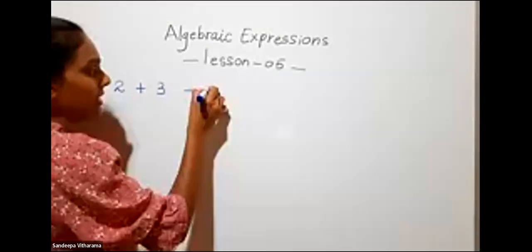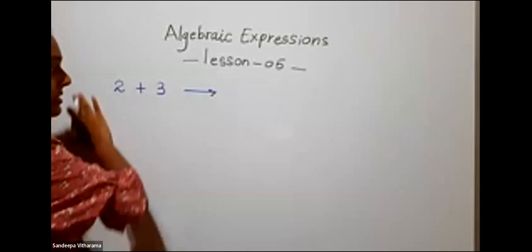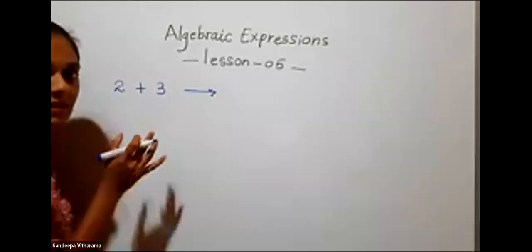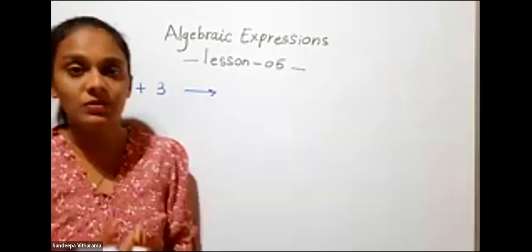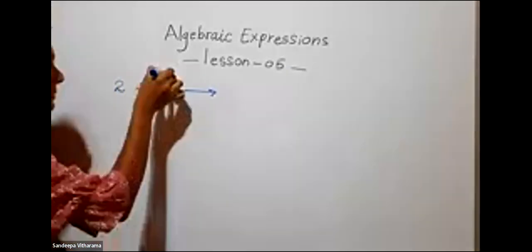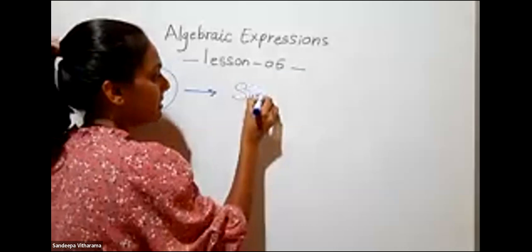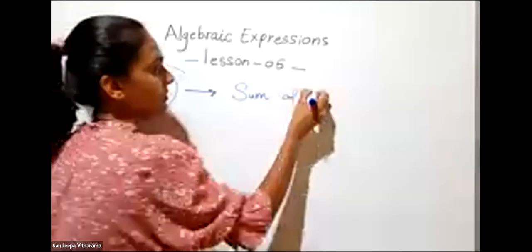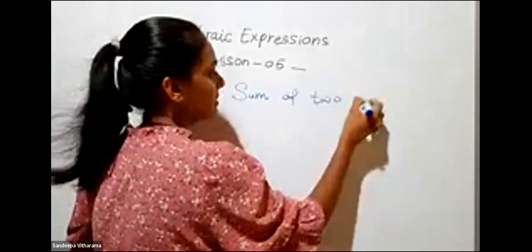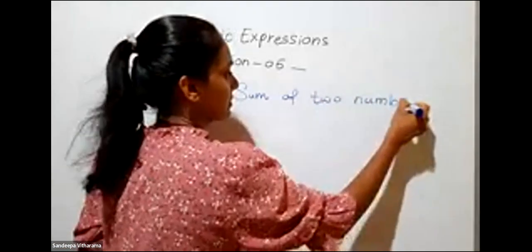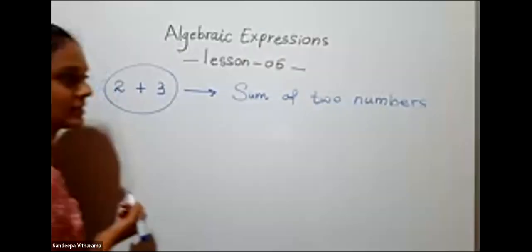This expresses what? This expresses a sum of 2 numbers. So for this expression, we can say that it is a sum of 2 numbers.